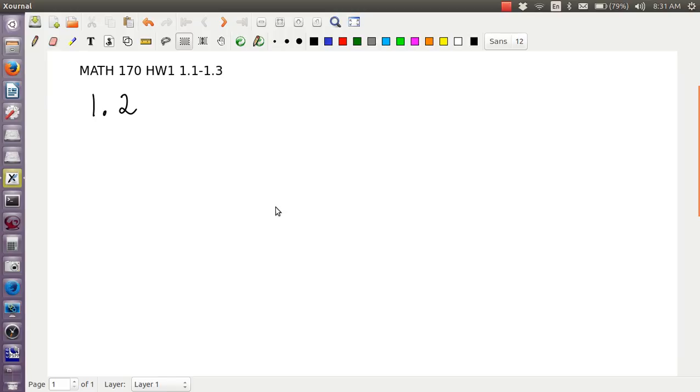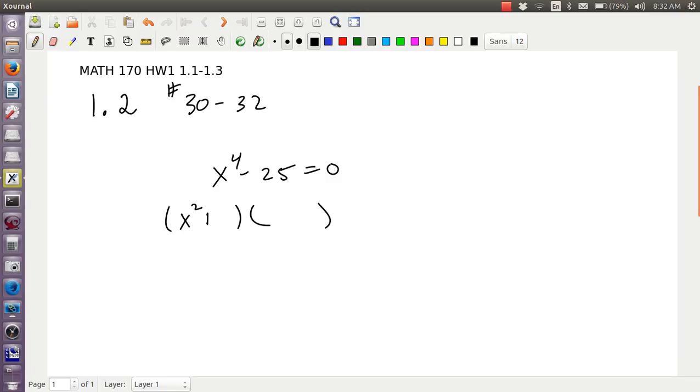Okay, so what was the next type of question? 30 to 32 should be a different question type. Oh, they're really the same. The only thing you need to know is if x to the 4th minus 25 equals 0, you can factor this into x squared plus 5, x squared minus 5, and then this guy can split up further.